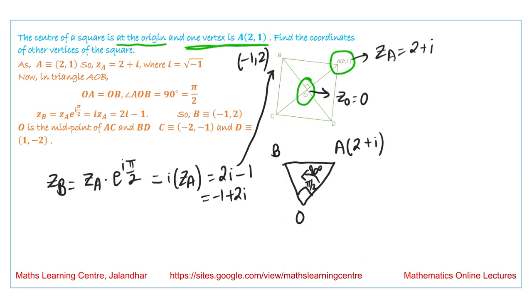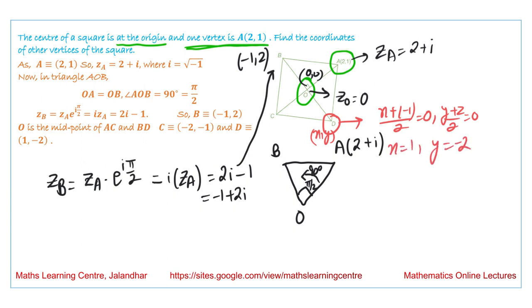Now this is the midpoint over here, 0 0. So the coordinates of this point D, suppose they are x comma y, then we will have x plus minus 1 by 2 is equal to 0 and y plus 2 by 2 is equal to 0. On solving this, we obtain x is equal to 1 and y is equal to minus 2. So the coordinates of this point D are 1 comma minus 2.